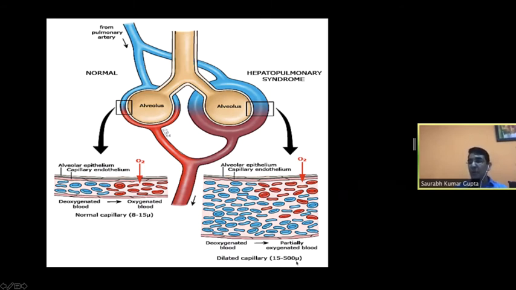And you can imagine what will happen if you inject saline contrast in such patients. There is going to be right to left shunt. In fact, in such a scenario, it may not be wise to use a label of pulmonary AV malformation. It may be good to use the term intrapulmonary shunting, possibly due to IPVD, intrapulmonary vascular dilatation.